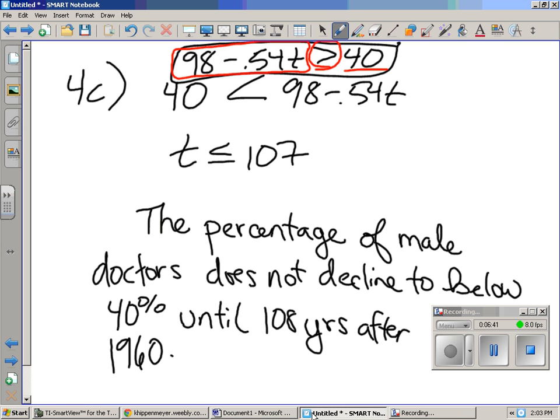So we could say that's when it declines to 40%.